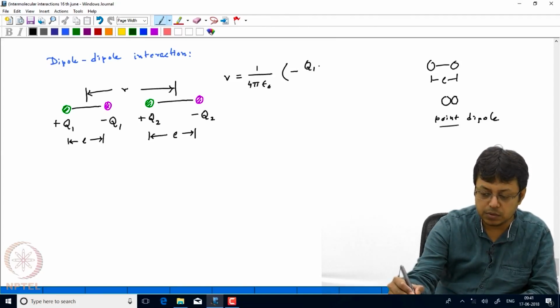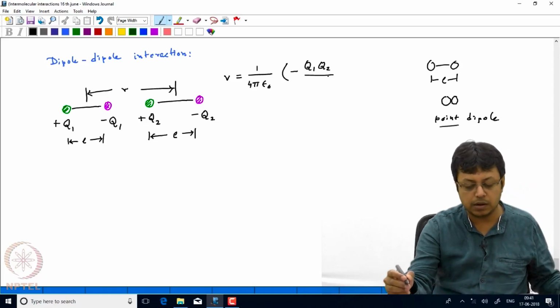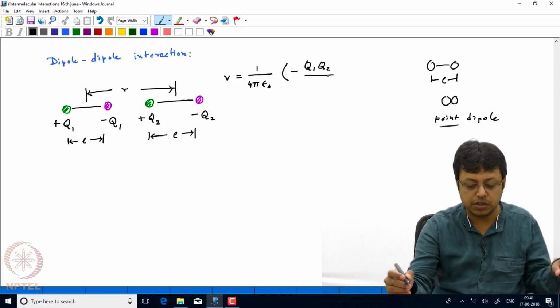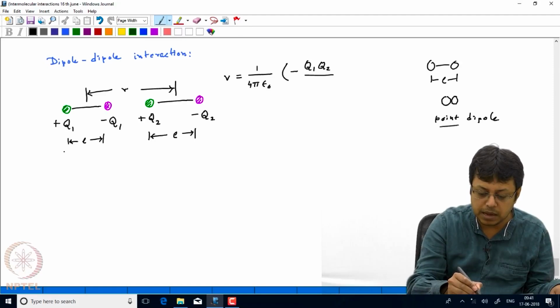So it will be minus q1 q2 divided by the length, and the length in this case will be r here, and then it will have plus q1.